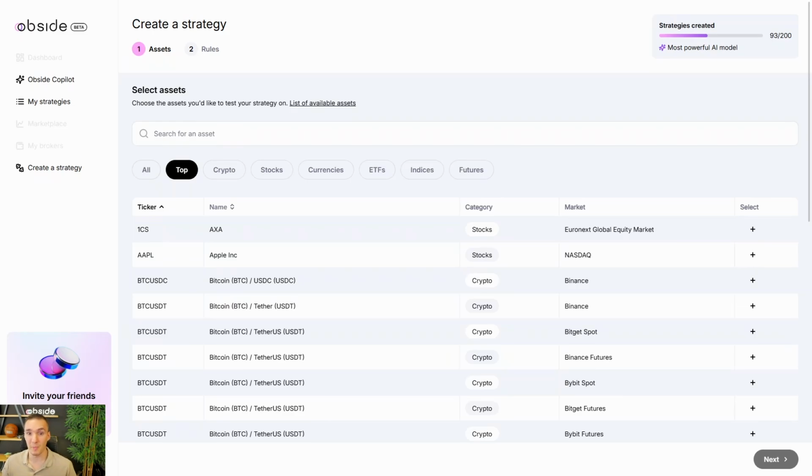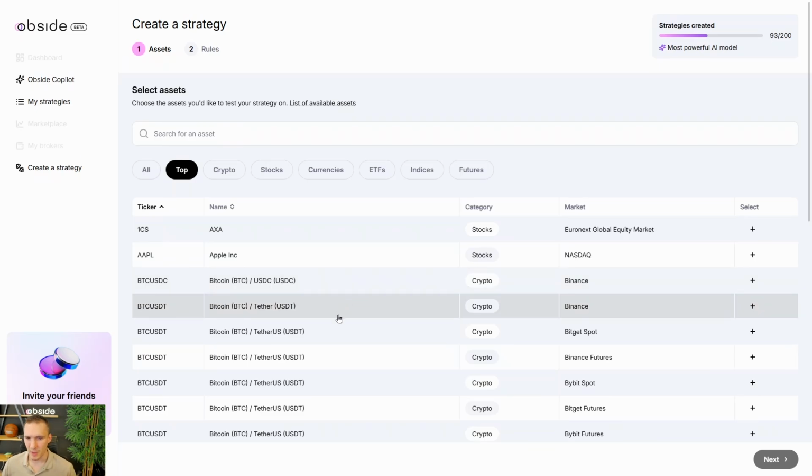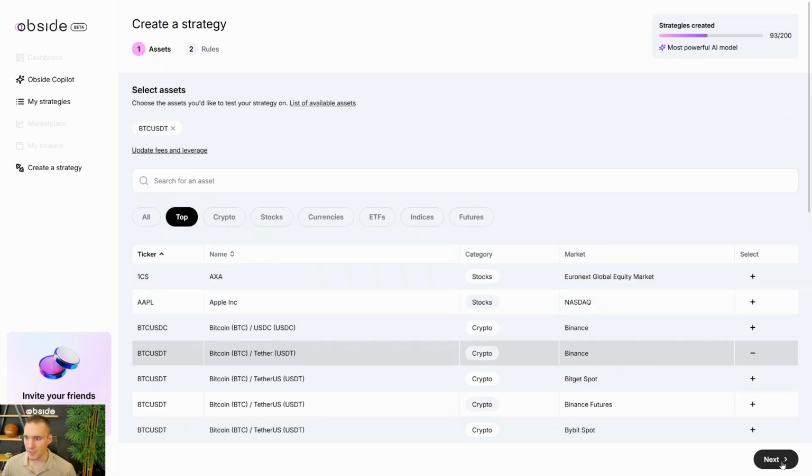And when more and more people want to do the same thing or use the same strategy, that's when the edge decays. But nonetheless, we can still test it on Bitcoin. My hypothesis is that if it doesn't work on Bitcoin, which has been a pretty good trending asset, then there is no way it will keep working on other assets like major pairs on the Forex or indices or whatever. So I'll just backtest it on Bitcoin for now.